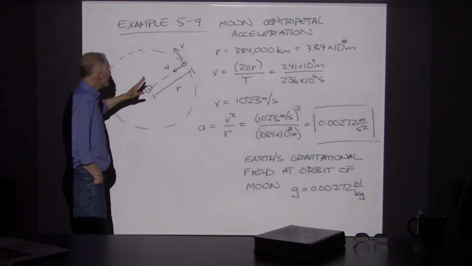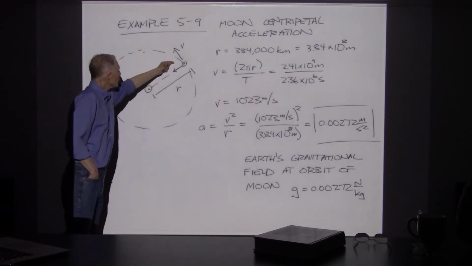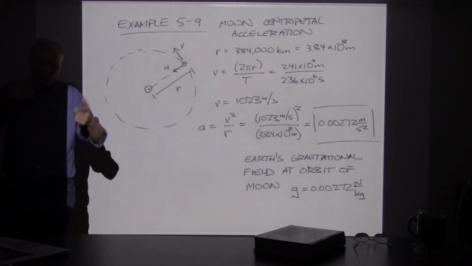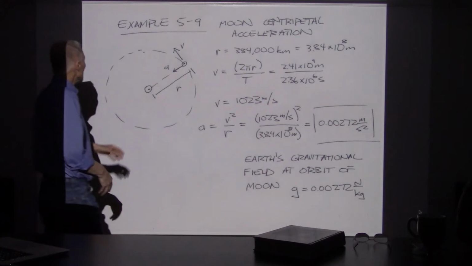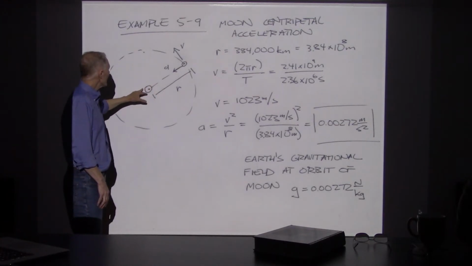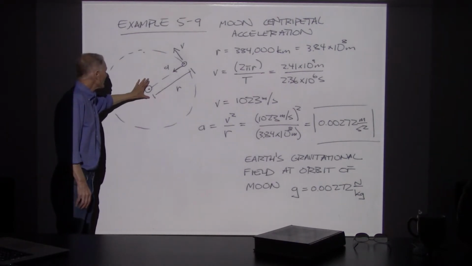A better, more careful analysis would have the Earth and the Moon both orbiting a center of mass, which would be much, much closer to the Earth, like 80 times closer to the Earth than it is to the Moon. But still, that would result in the Earth wobbling a bit as the Moon orbits. In any case, we're going to have the Earth sitting still.